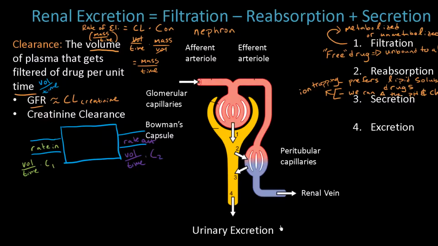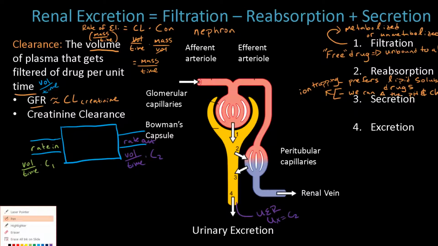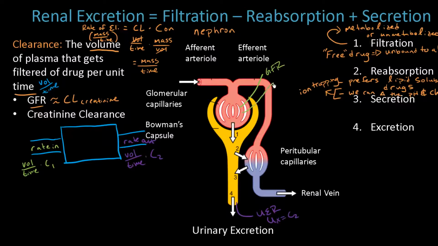So this right here, we'll call this the urine excretion rate, and there's a concentration of drug in the urine, that is C2, and we're going to assume here that up here we have this flow rate, the glomerular filtration rate, and there's a concentration here in the plasma, Px, which we'll call C1. And we're going to assume that there is no reabsorption or secretion.